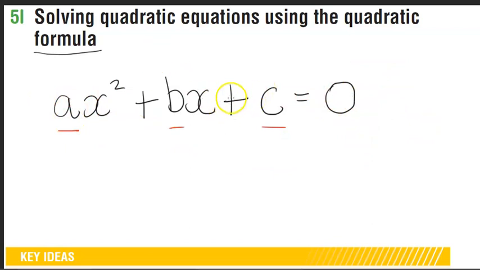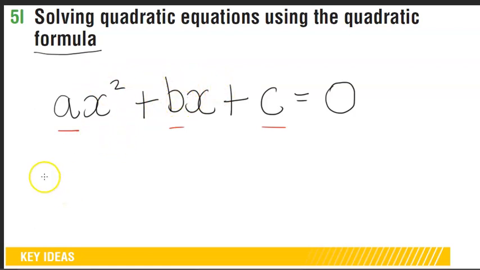And then there are different methods that we can use: completing the square, testing to see if a is equal to 1, then we find two numbers that when multiplied will give me c, but when added will give me b. All the previous exercises had different approaches. Here we've got this nice formula called the quadratic formula that we can use.